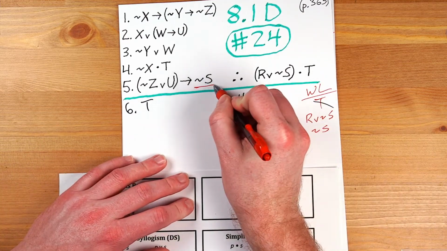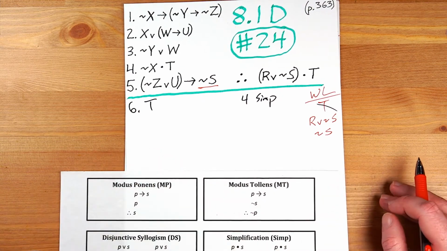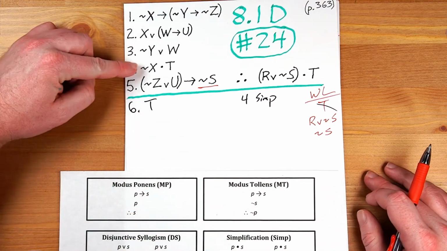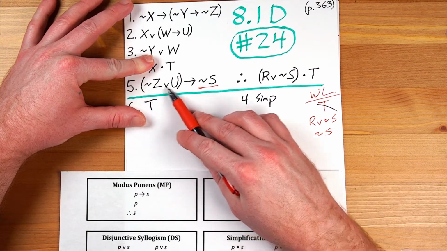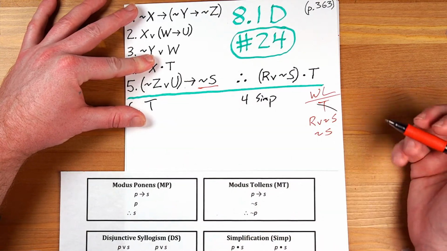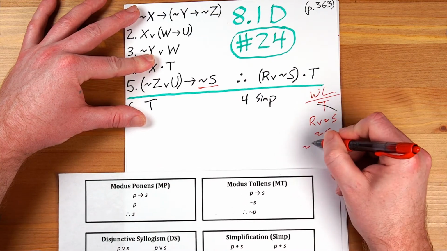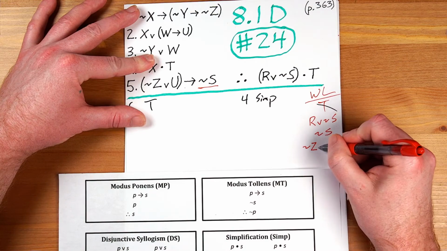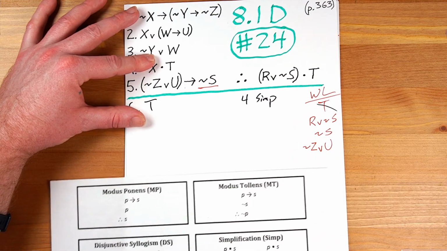Well, we see not s in one spot in the premises. So probably we're going to get it from that. So 5, if we can get the left side of 5, we could do modus ponens to get our not s. So we'll put the left side of 5 on our wish list.